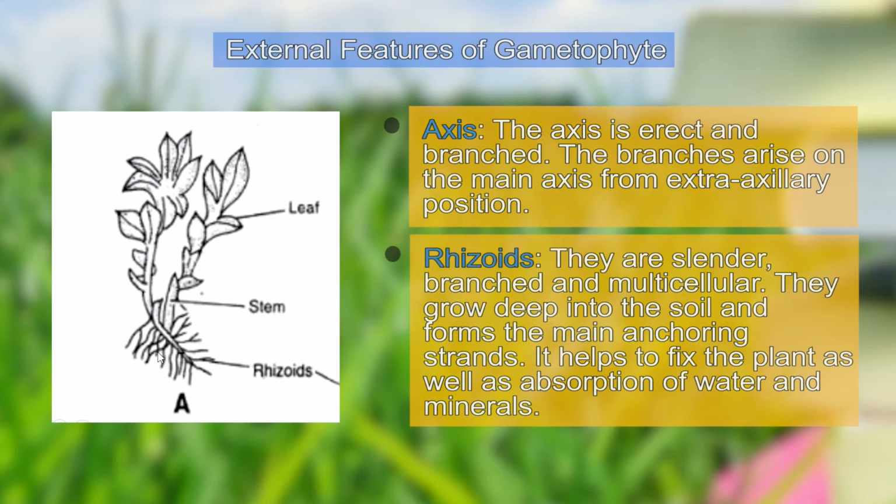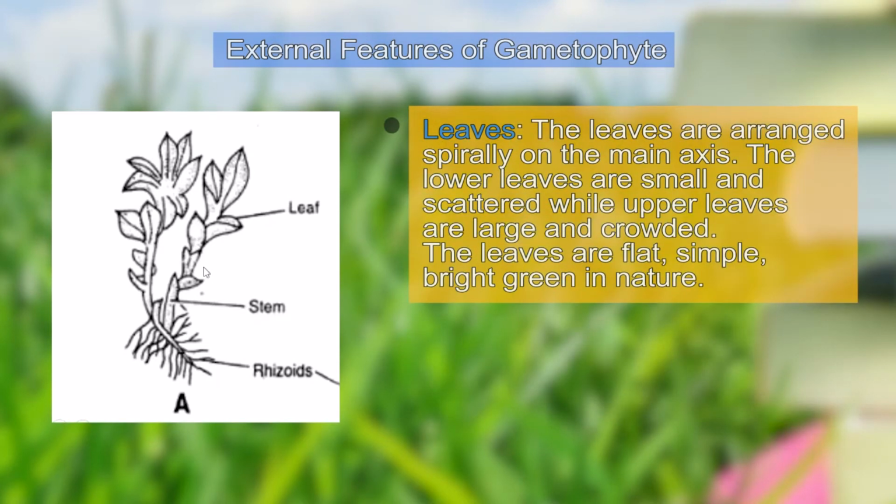They help to absorb the water and minerals from the soil and give it to the growing gametophyte. The leaves are spirally arranged on the main axis. The lower leaves are small and scattered, while the upper leaves are large and crowded. The leaves are simple, flat, bright green in nature.